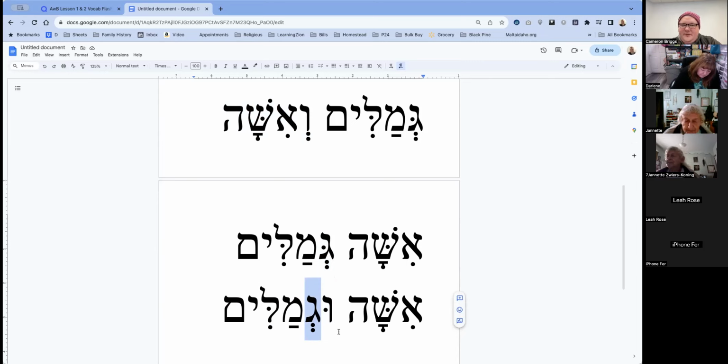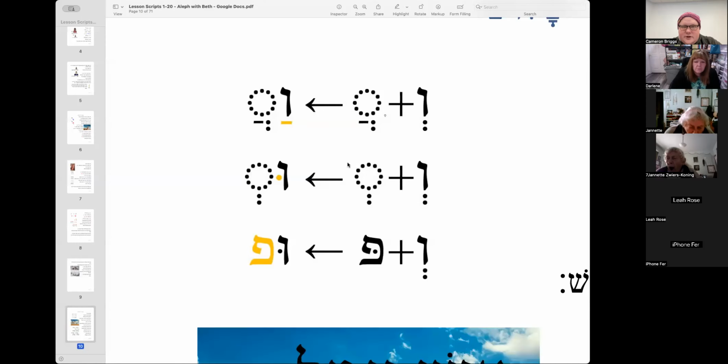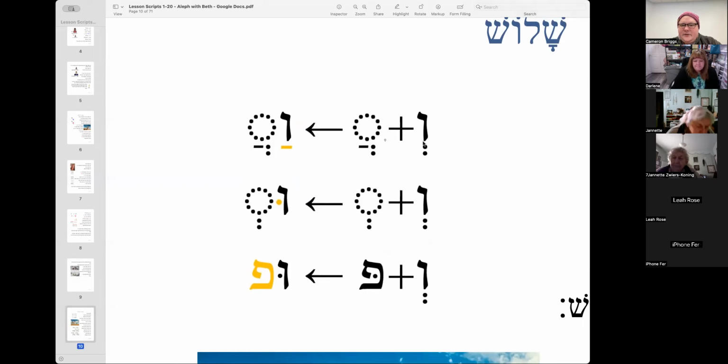That's pretty tricky. So let's quickly swap back to that original chart here. So we've got these three different grammar exceptions. If it's just a regular vav, it doesn't need to change anything. But if it's a patah shava, then it turns into a patah. If the consonant is just a shava, then it's going to be the u.